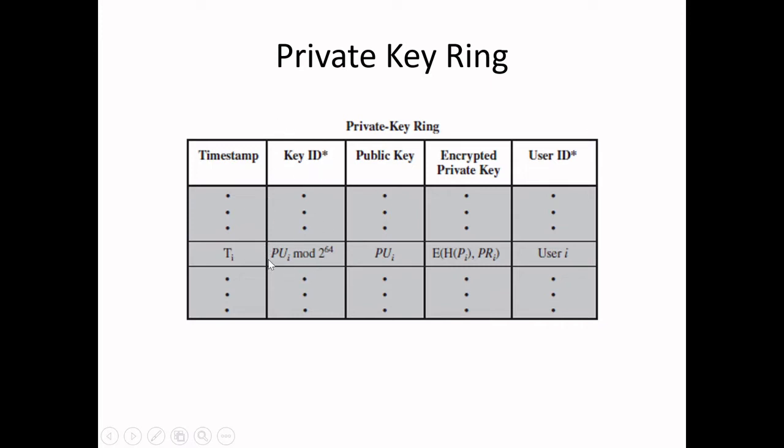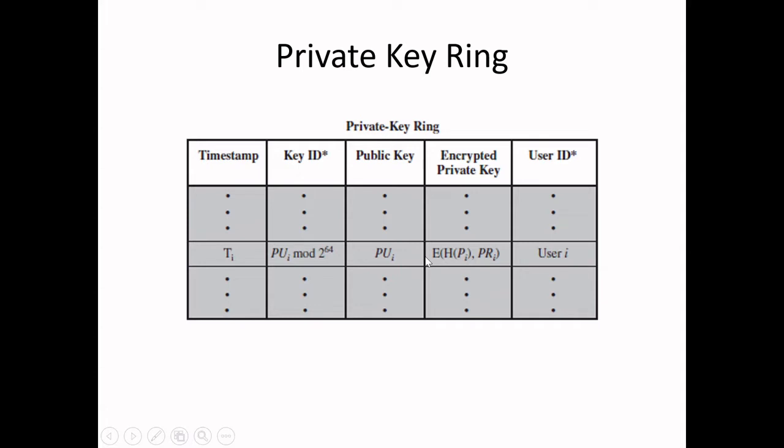Since the keys are very large, as the identifier we store the public key modulo 2 raised to 64. It's basically the least significant 64 bits of the key. That is what is used for identifying this particular key pair, and the public key itself is also stored.